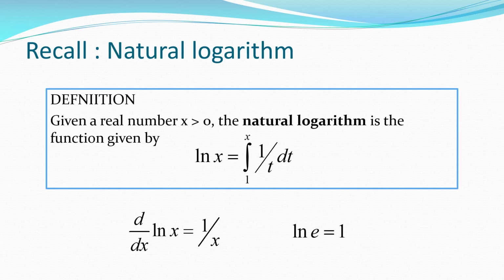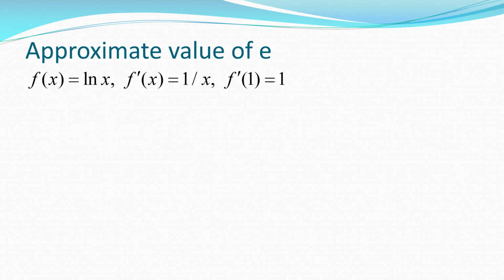I said back then it'd be nice to know what e is, and I thought I'd show you how to go about approximating it. So, notice that suppose I define f of x to be the natural log of x. Then its derivative is 1 over x. And if you evaluate that at 1, you get, of course, 1.